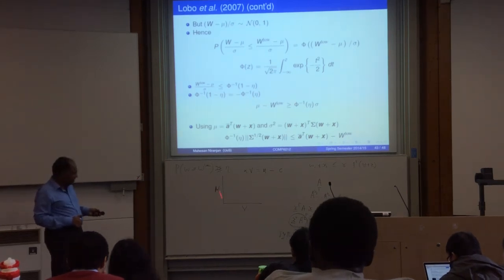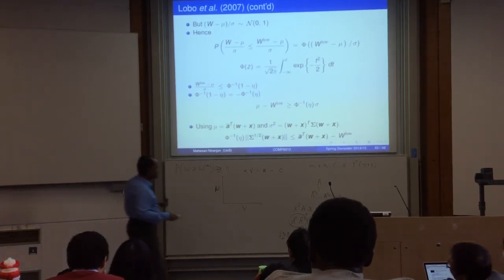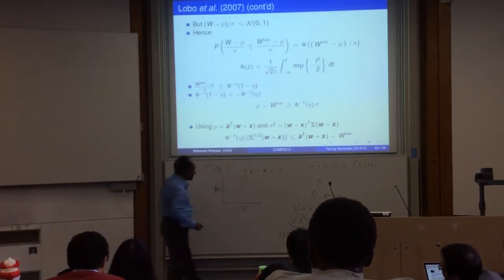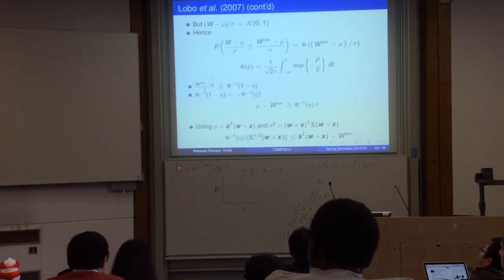In this VM space, that's a straight line. So what that means is that there is going to be a line like this, and my expectation that I specified in terms of probability is telling me that I can achieve some points here, but I cannot achieve points here. Correct? So my constraint can be mapped in this mean variance space.